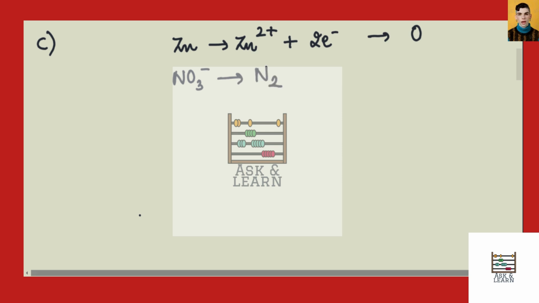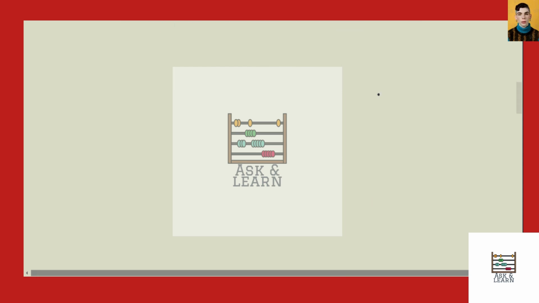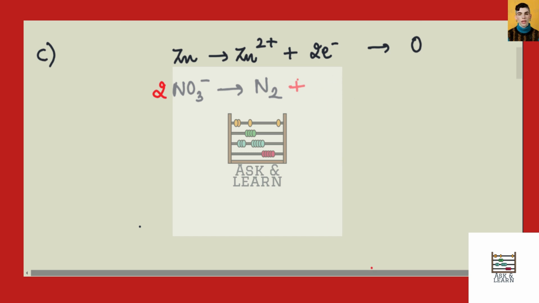so first we will balance the number of nitrogen atoms by adding 2 here, okay, and now we have 6 oxygen atoms on the left hand side, so we will balance it by adding 6 water molecules on the right hand side, okay.